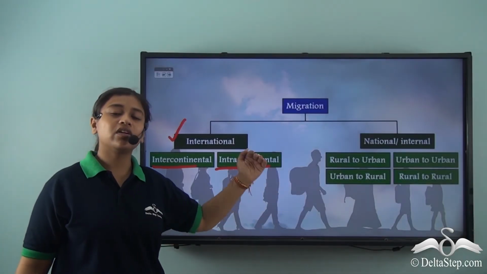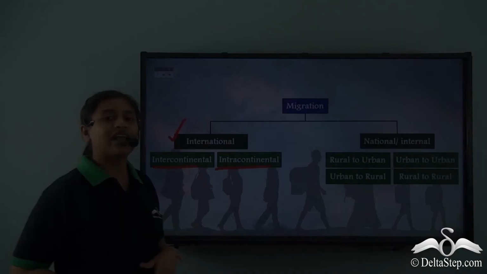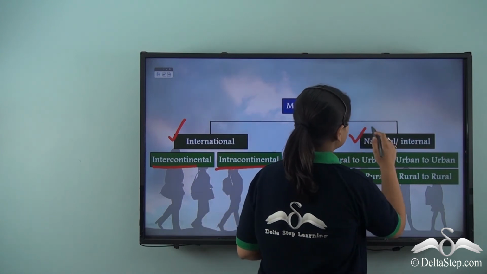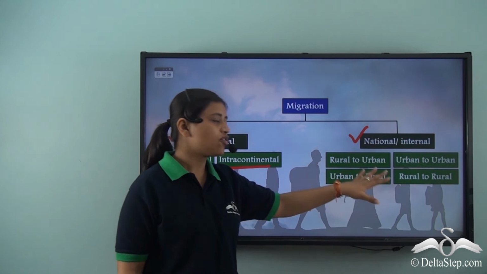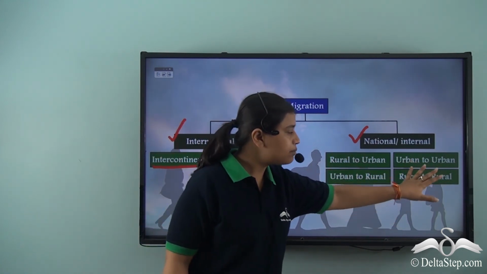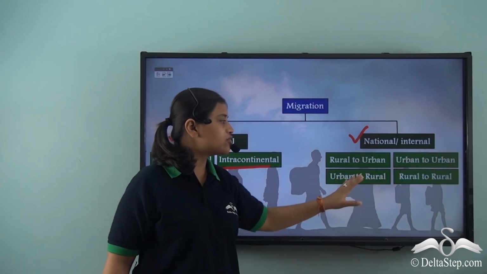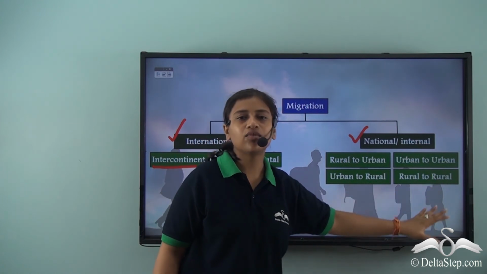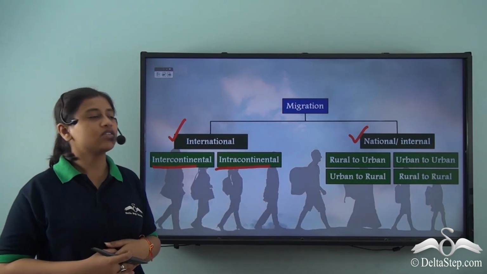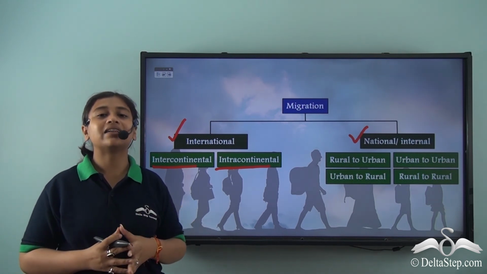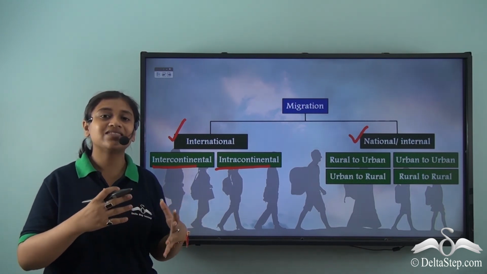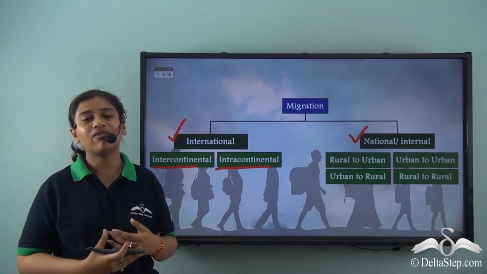Another category of migration is national or internal migration, as we just learned, and this again has 4 types: rural to urban, urban to urban, urban to rural, and rural to rural. So this was all about the types of migration. In our next lesson, we'll be understanding the positive as well as negative impact of migration.